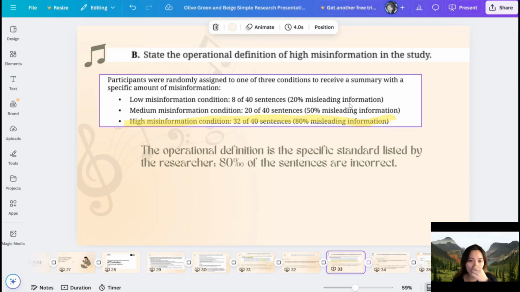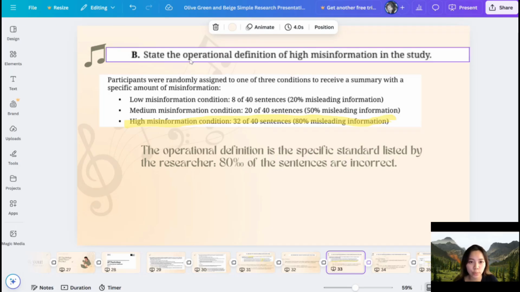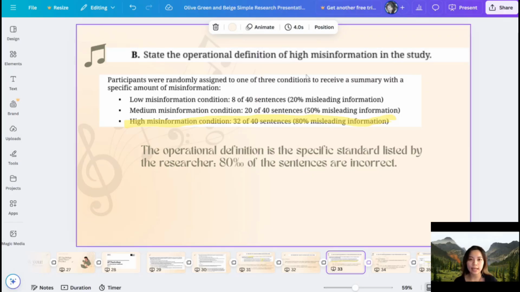State the operational definition of high misinformation in the study. Did you guys remember the operational definition? Is it really familiar? Yes, this is exactly the same, I mean, 99% similar to the question in set 2 we practiced.